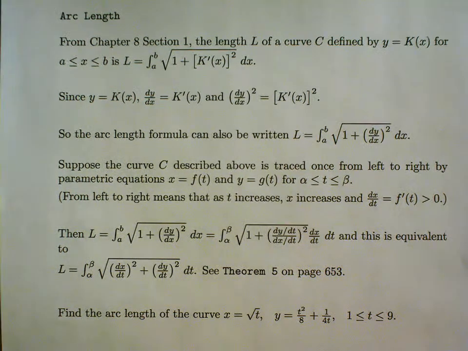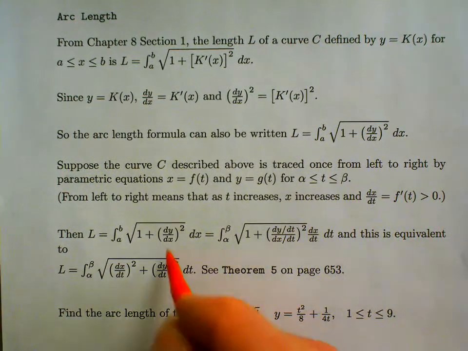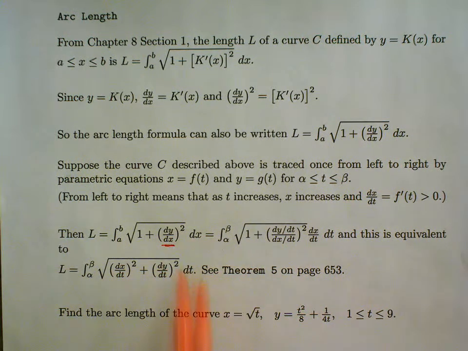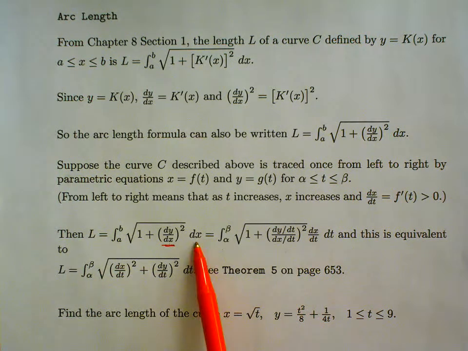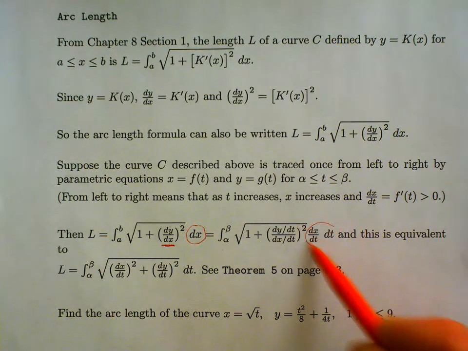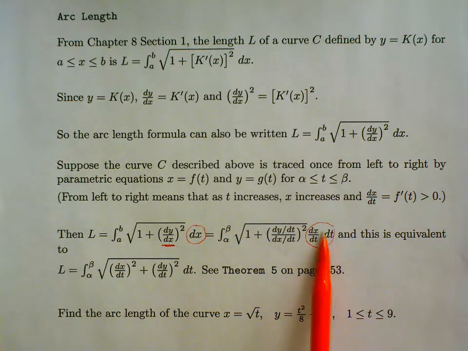You'll recognize from last time we used the chain rule to show that dy/dx is equal to dy/dt divided by dx/dt. And in terms of the differentials, dx is equal to dx/dt times dt.